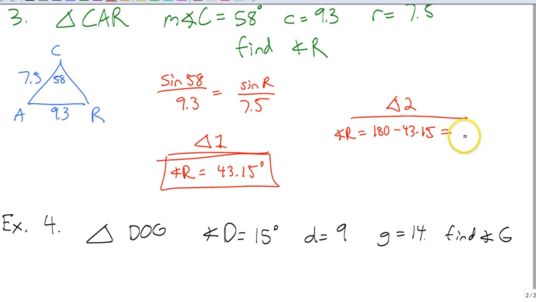So when you subtract that, you get 136.85. And now you look, do we have a second triangle? Can 136.85 fit in for R? Well, hopefully when you see that if you plug that number in for R, that plus C go over 180, this cannot be a triangle. So that doesn't actually work. So there's only one answer to the problem. It is angle R is 43.15 degrees.